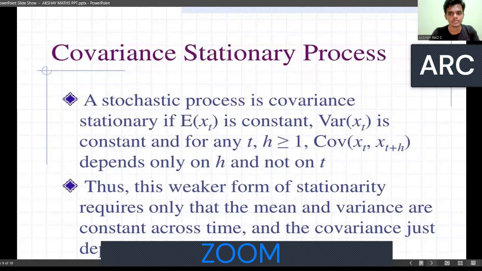Covariance stationary process. Do you know what a covariance stationary process is? I'll explain it.